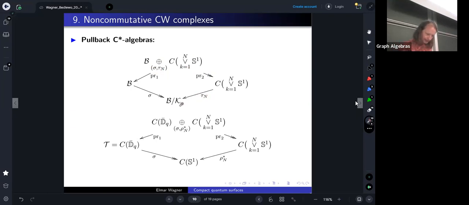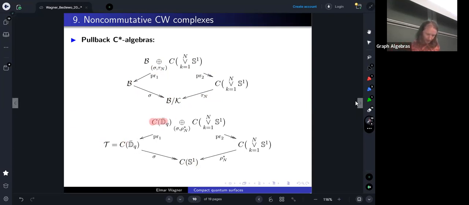Now, here, we know that our Busby invariant goes to the circle. And the Toeplitz algebra maps surjectively to the circle. So we can replace this bounded operator by the Toeplitz operator without changing our C-star algebra.